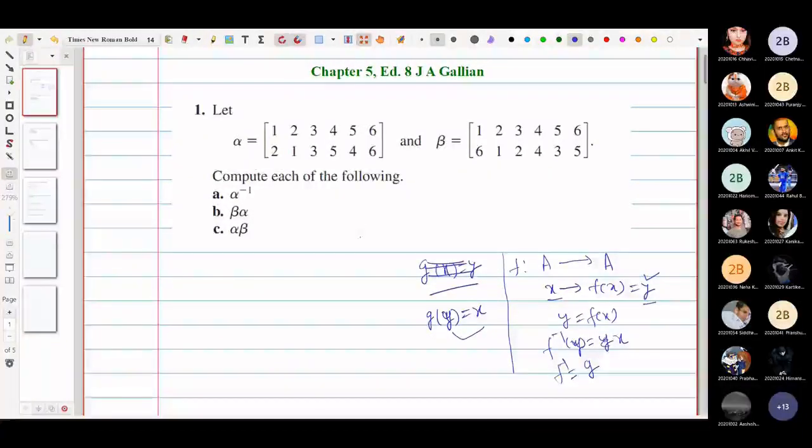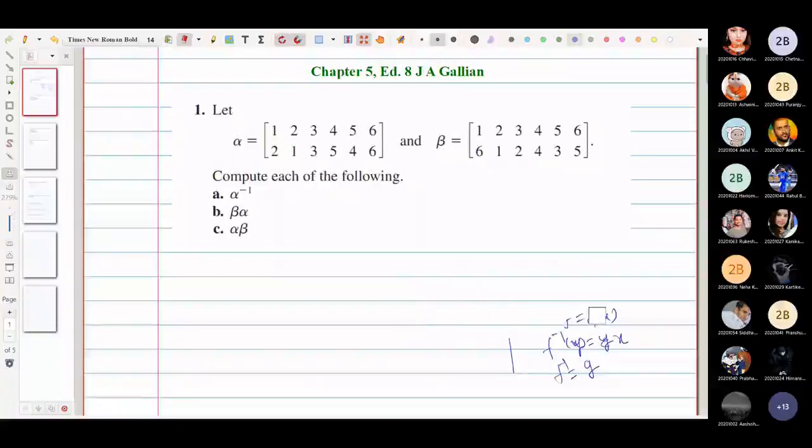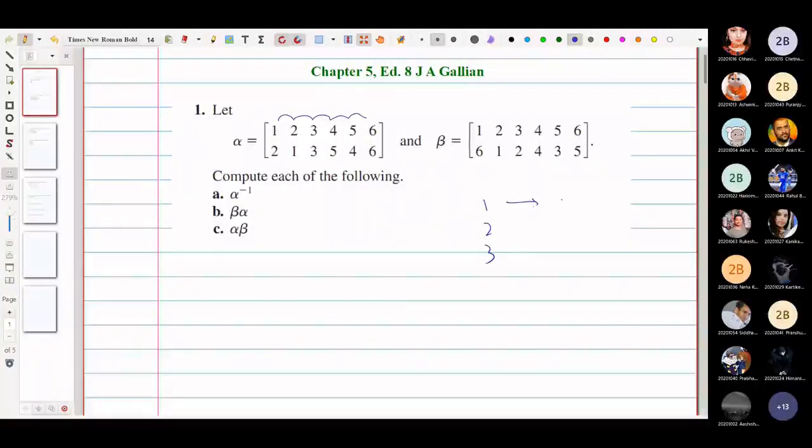In this sense, if you see the permutation, the first row has the members from the domain. That is, if you are writing 1, 2, 3, then 1 is mapped onto 2, 2 is mapped onto 1, and 3 is fixed, something like this. So these are the pre-images, and these are the images. Now we will change the role. We will swap these two.